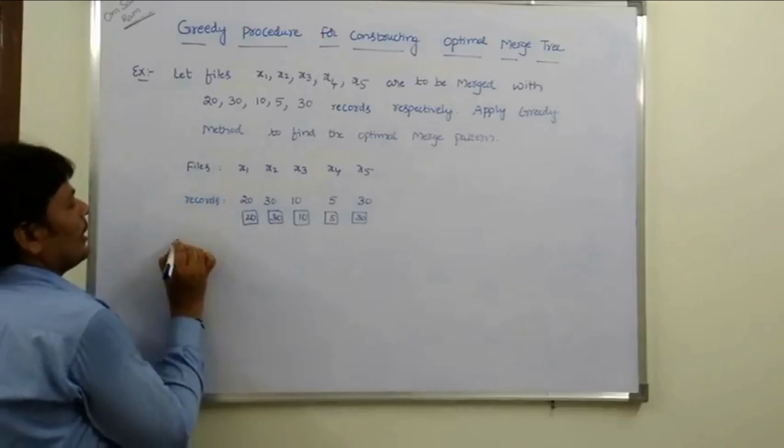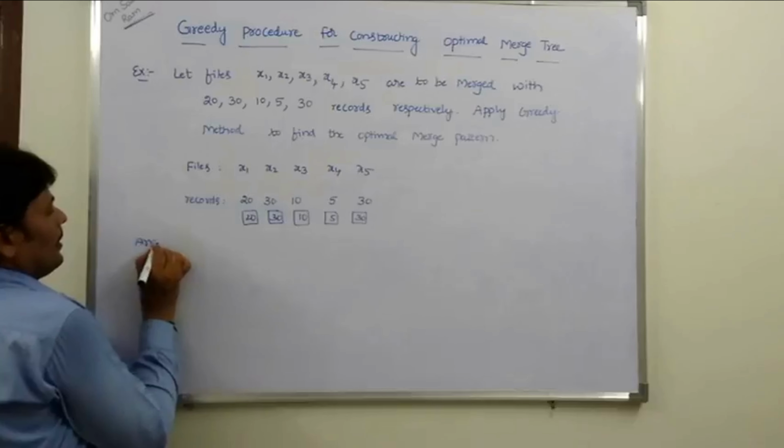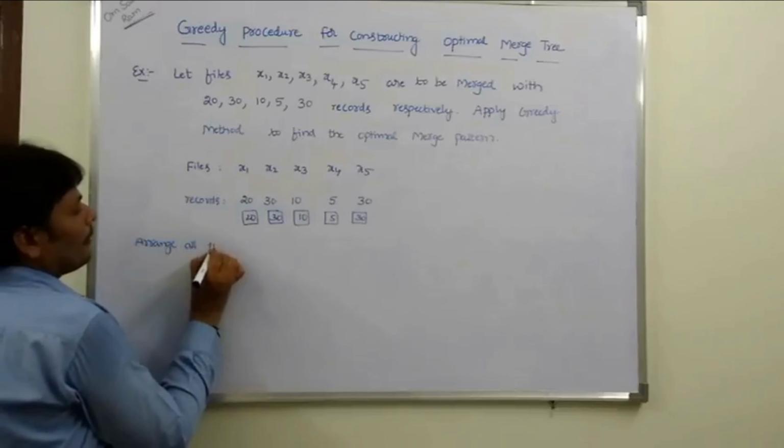First step is arrange all the files in ascending order based on the number of records.